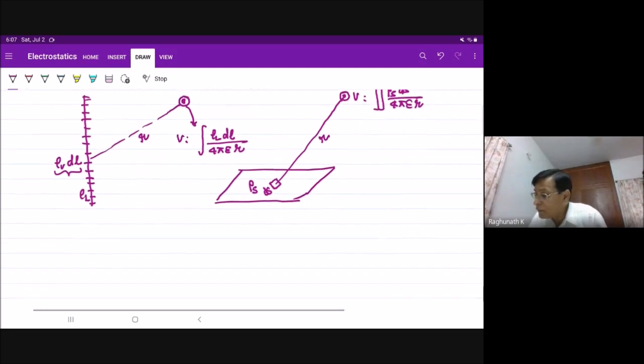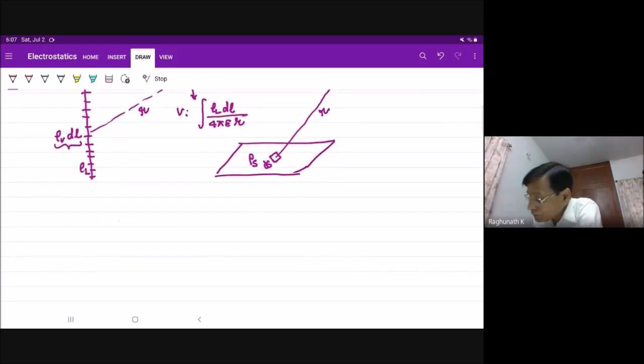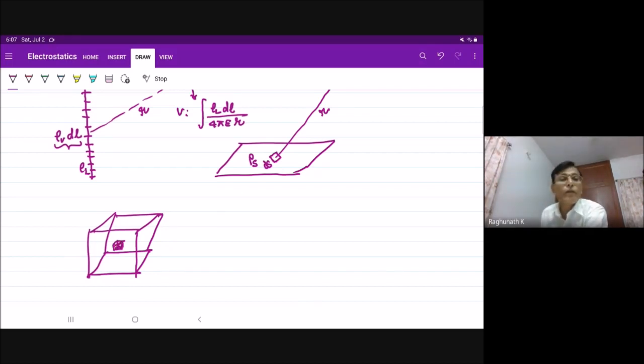The same way, if it is a volume charge in the given coordinate system, I will consider first of all a dV. Rho v dV is the charge.